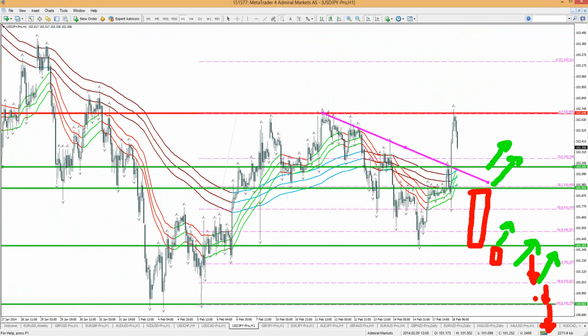And basically by using basic support and resistance, moving averages, and trend lines, we have an idea of where price, if it breaks certain levels, what the most likelihood is of price moving to the next level. So that's how you can use technical analysis to gauge that.